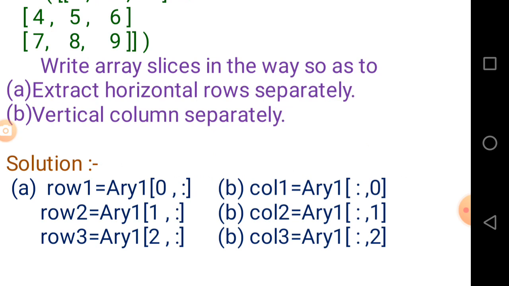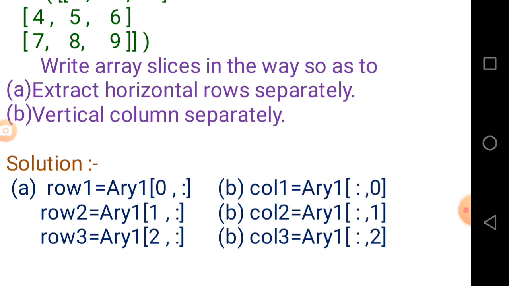For the second row, write row2 equal to ARY1 and its index position is 1, then comma and colon to select every column. It means there is no need to mention start and step values. In a similar manner, for row number 3, write ARY1, the name of the array, and its index position, that is 2 in this case, then comma and colon, which selects each and every column.